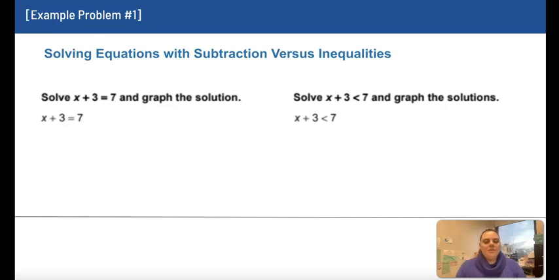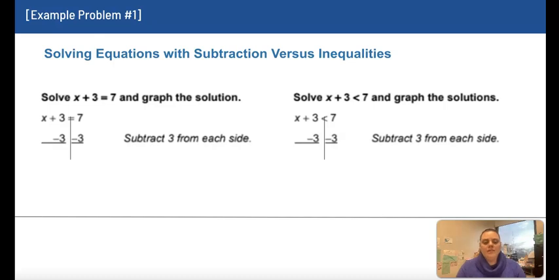In our next example, we're going to take a look at solving equations with subtraction versus inequalities. Again, you can see we have the same setup. The only difference is our equal sign and our less than sign. Again, we want to make sure we're doing things on both sides of that symbol, so drawing a line is helpful. In this case, x is adding 3, so the opposite is subtract 3.